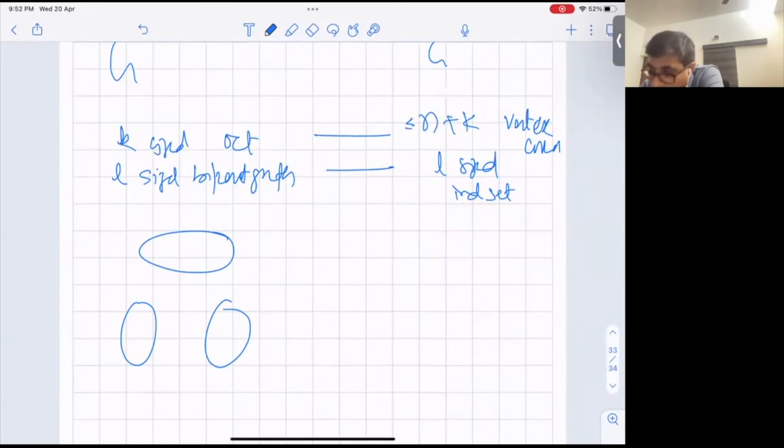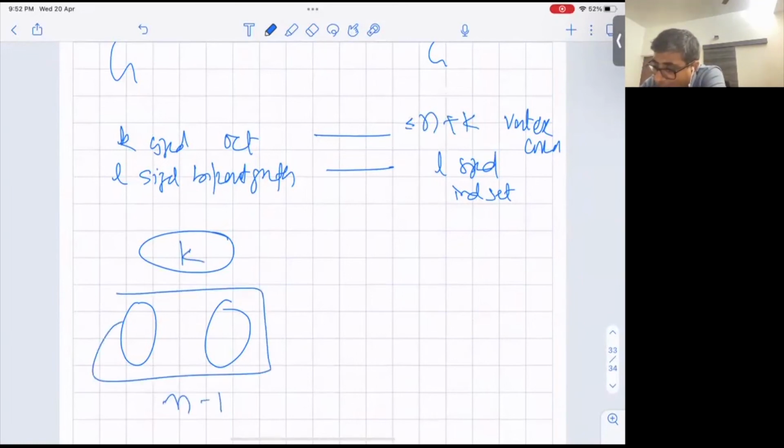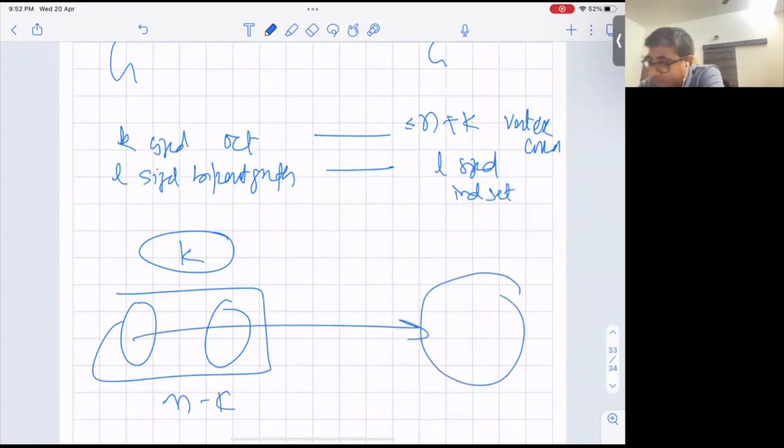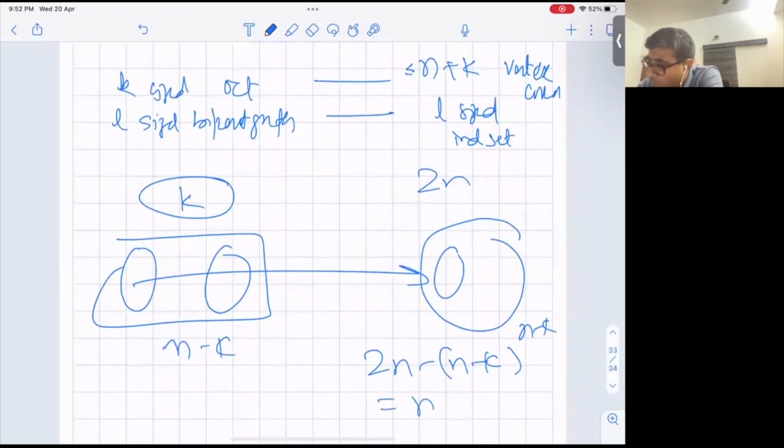That's all that I can say. The independent set is n minus k, but the whole thing is 2n, so the vertex cover is 2n minus (n minus k), which is n plus k.